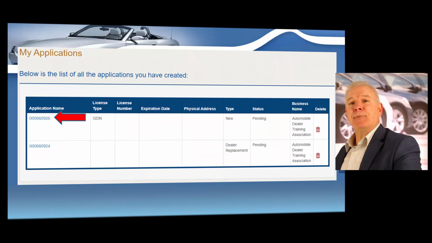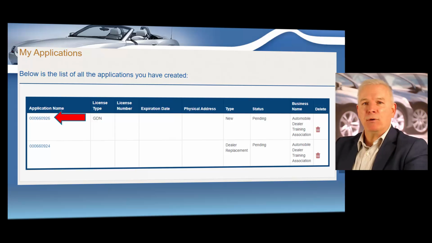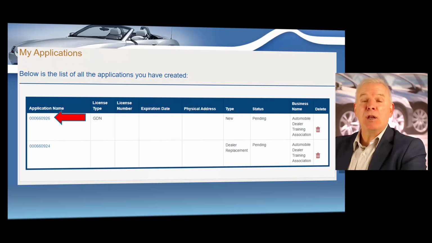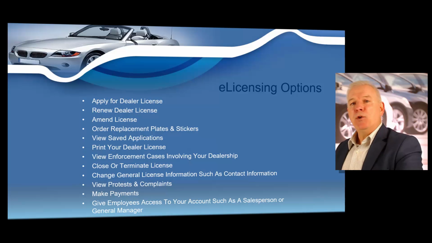So remember, all options that you use in eLicensing can also be used at any time after you apply for your license. So you're going to use eLicensing on a very regular basis, even after you've gained your license. So remember, you can easily renew your license. You can amend your dealer license to reflect any changes. You can order replacement plates and stickers.